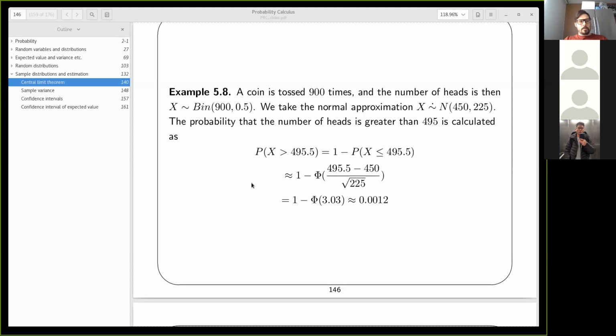So y is x1 plus and so forth plus x900, right? That's my y. So y is in fact hat x times 900.